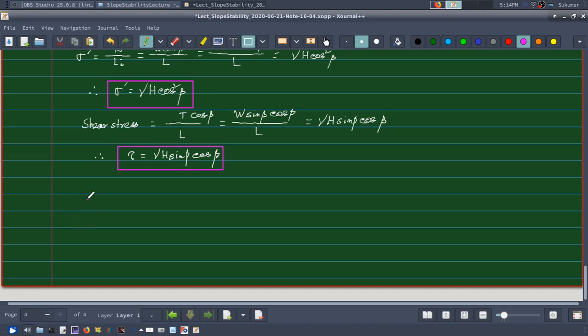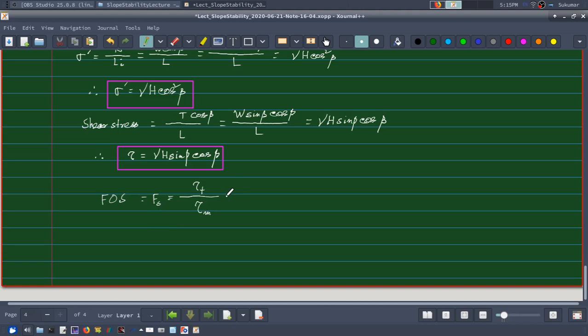So my factor of safety is defined as Fs, which is equal to the failure shear stress, that means shear strength, by the mobilized shear strength.